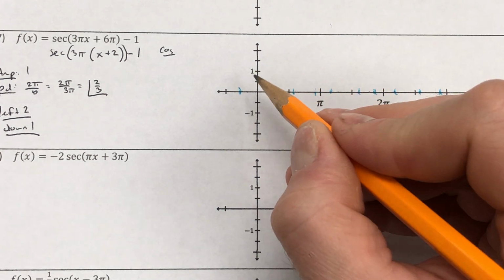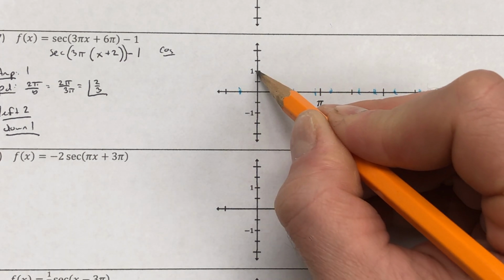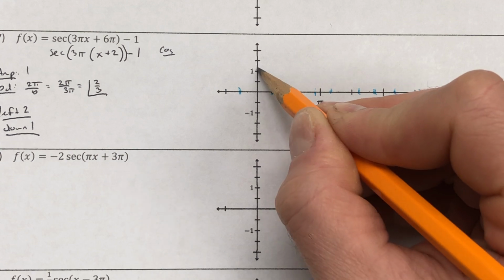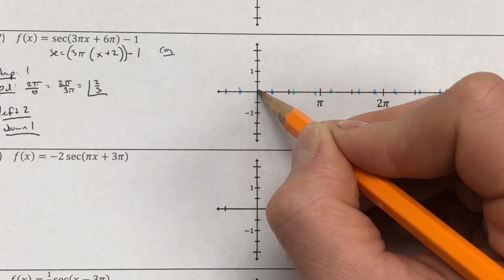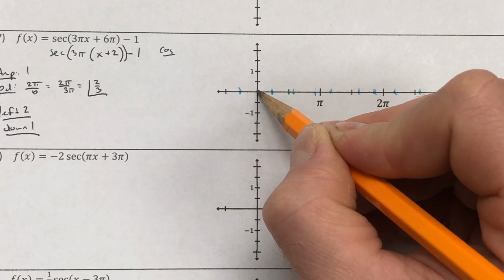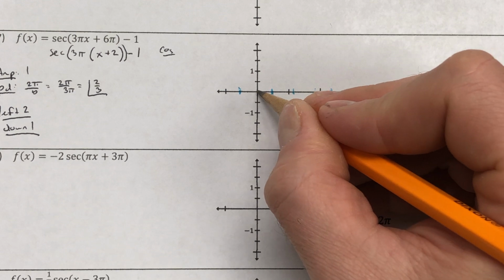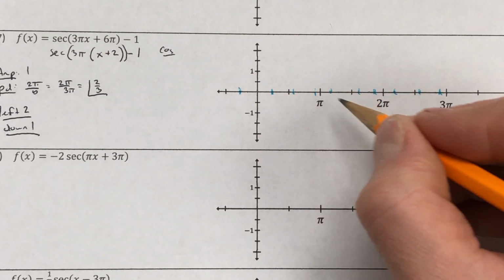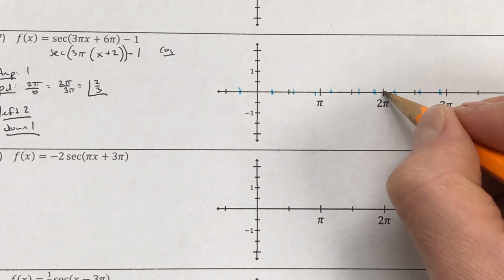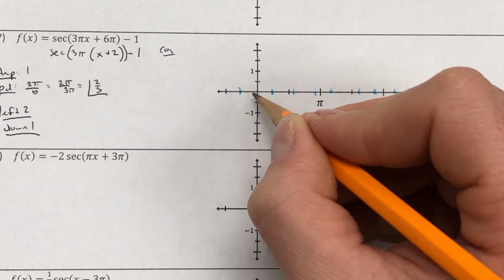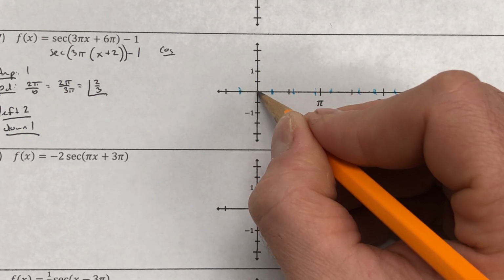Okay. So the cosine, which normally would be located at 1, the midline would be at 0, 0. So I'm going to move the midline left by 2. Let's see. Okay. We're going to start with the midline that was normally at 2 pi, because I don't have room to move 2 to the left.